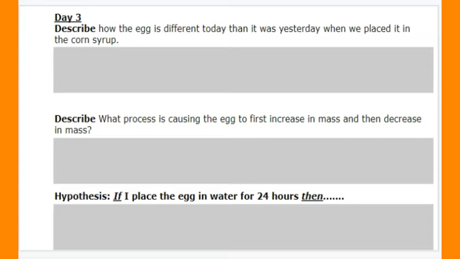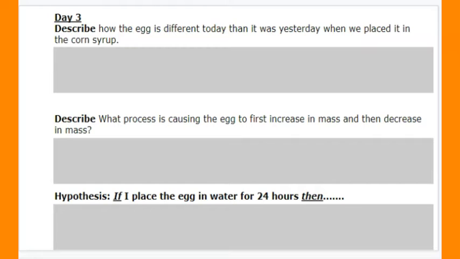And then, what process is causing the egg to first increase in mass and then decrease in mass? Now, if you were listening when I talked about those two concepts in the background in the second paragraph at the beginning here when we started this, I went into that quite a bit. You should be able to tell me what the process is. Really, it's just one word I'm looking for there.